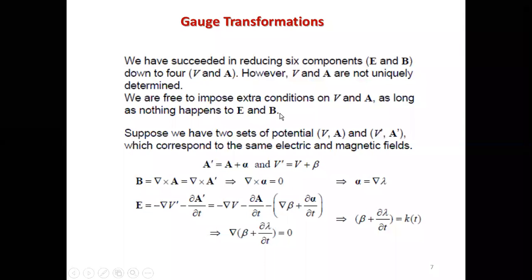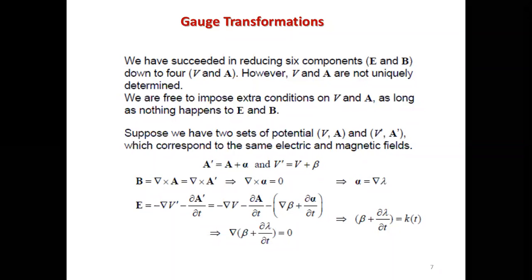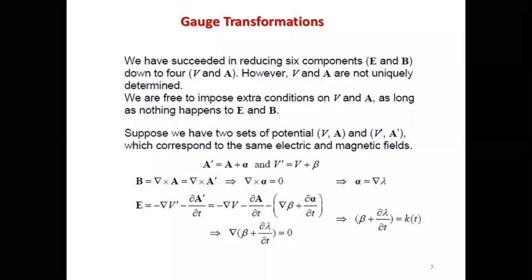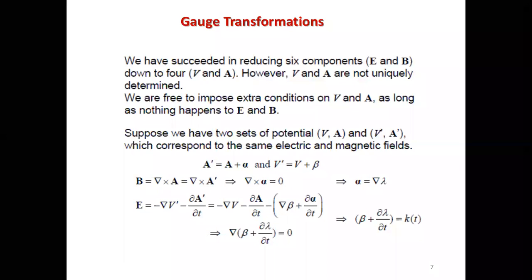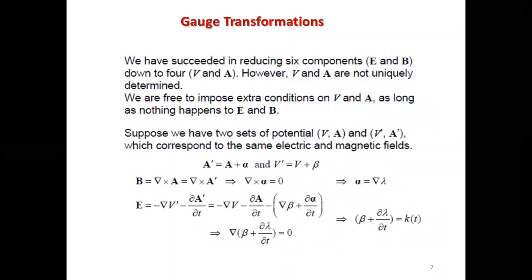So this is just like when we give some small displacement to a particle, so its displacement becomes x plus dx. So if there is no change in the fundamental quantity, then it is termed as the gauge transformation. So gauge transformations are especially for the electromagnetic potentials. So how do we find the gauge transformation for the electromagnetic potential?